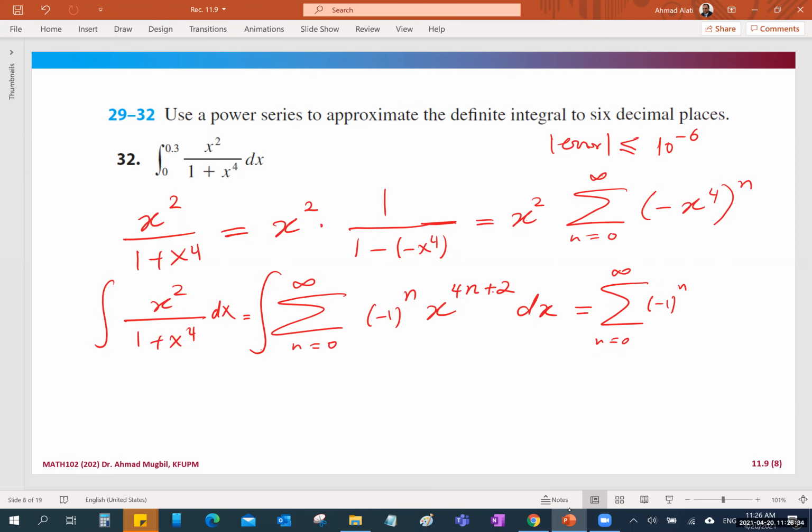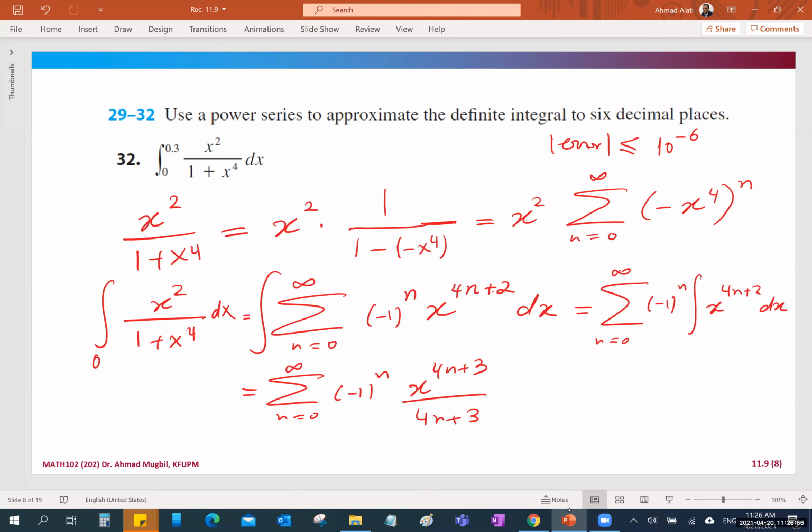-1 is a constant. So the integral of x to the power 4n plus 2 dx, which is clearly, Shabab, equal to what? -1 to the power n, x to the power 4n plus 3 over 4n plus 3. Now this is the indefinite integral.